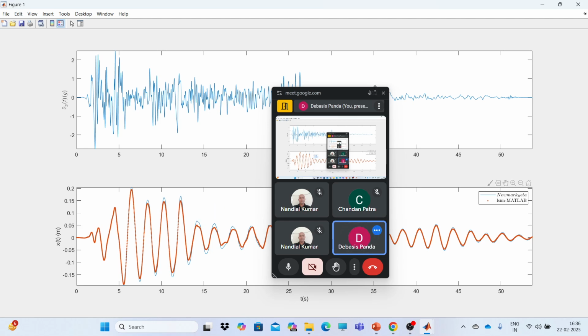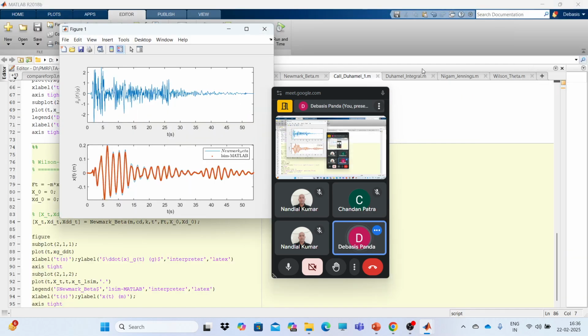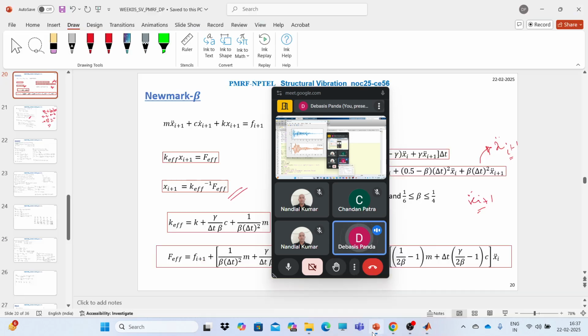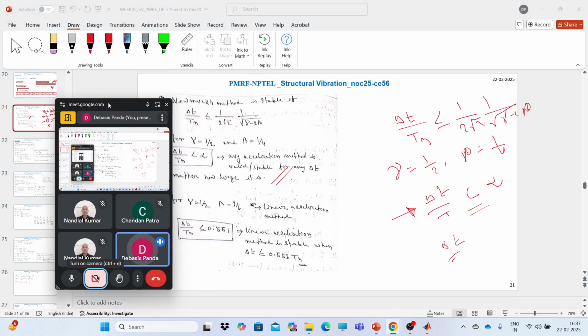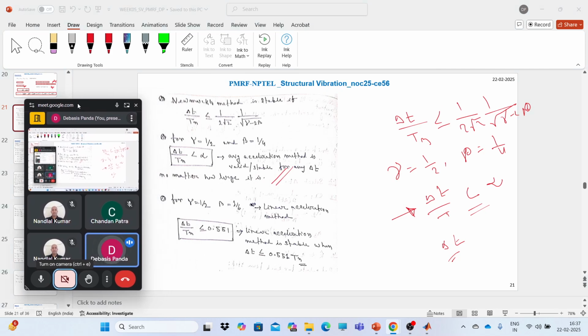In general, the Newmark-beta method is more stable, and I have already shown you from the stability criteria that if we use the Newmark-beta average acceleration method, that means the constant average acceleration method, where gamma is 1 by 2 and beta is 1 by 4, then for any time instant we don't need to go for the linearization. It will solve the system and give stabilized responses.